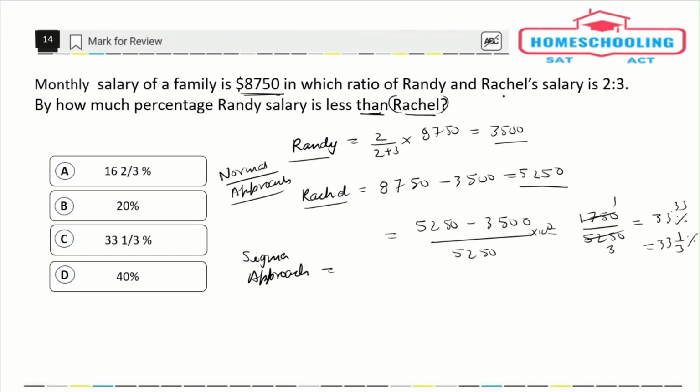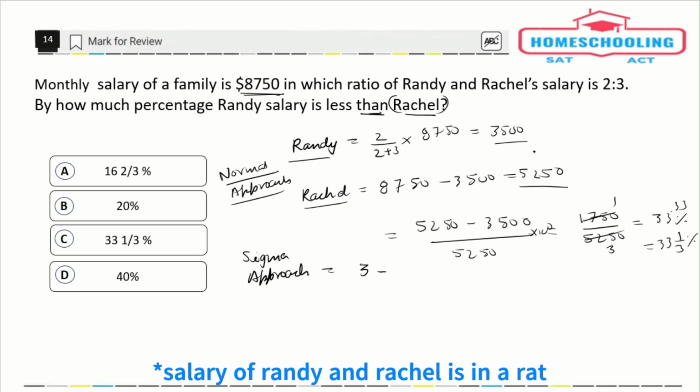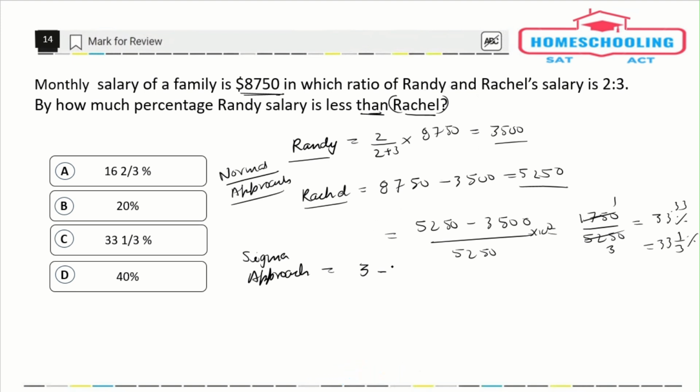As we know, Rachel's salary is 3 and Randy's salary is 2, divided by Rachel's, that is 3. So this will also be 1 by 3, that would be 33 and 1 by 3%. So this is your sigma approach and this is your normal approach, where you find everything.